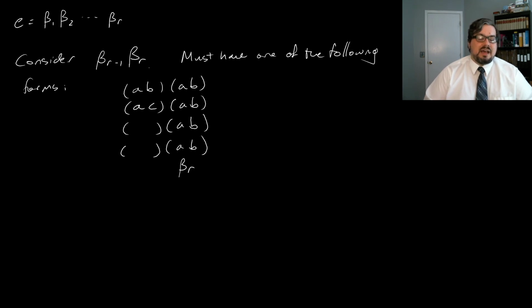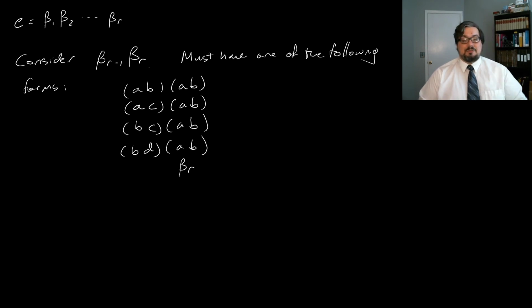It could be that the previous cycle shares the first element A, but has a different element C. Could be that it shares the second element of beta r, but a different other element, or it could have two completely different ones. So these are basically broken up in terms of which elements the two cycles beta r minus 1 and beta r have in common.